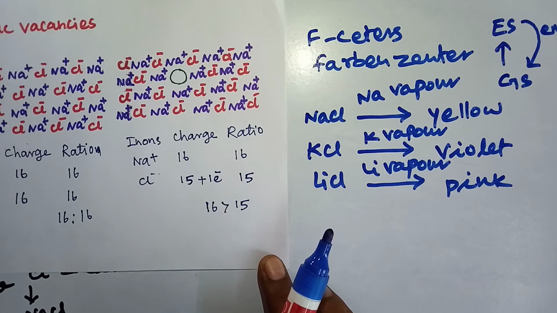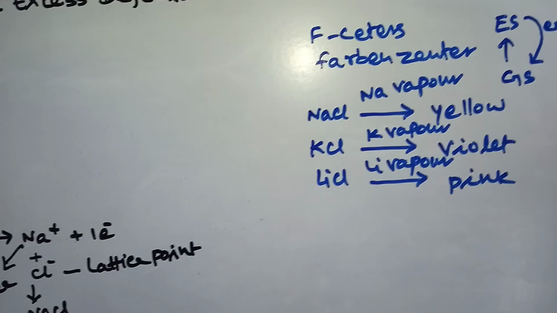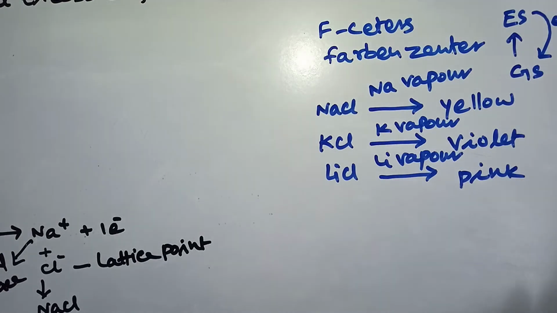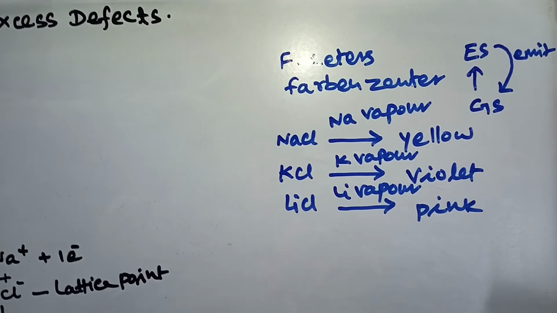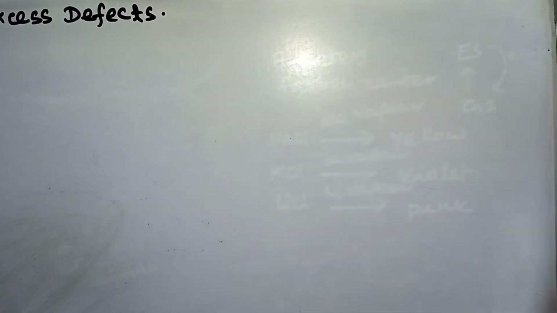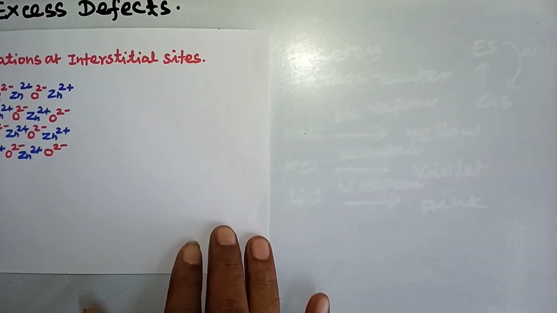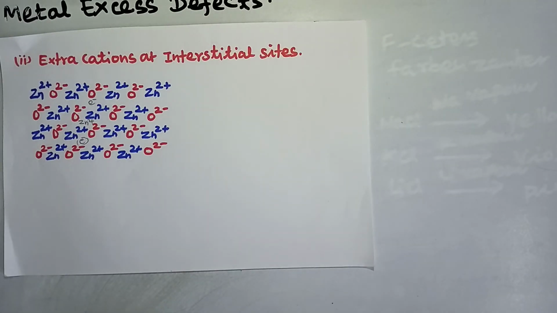Okay, now let us see the extra cations and anions present at the interstitial positions. Again, the metal excess defect arises for two reasons.